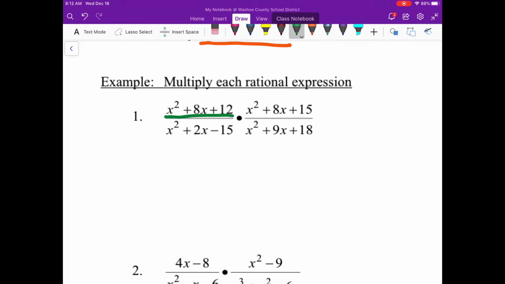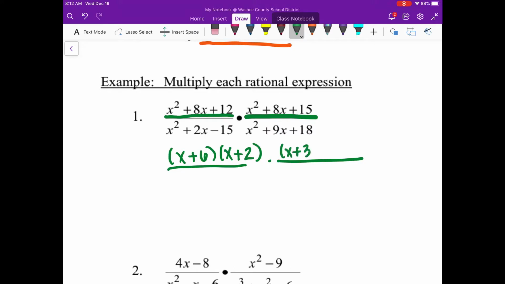So this numerator, numbers that multiply to 12 but add up to 6, that's going to be x plus 6, x plus 2. And then this numerator, again, I'm multiplying technically these two fractions, multiplies to 15 but adds up to 8.